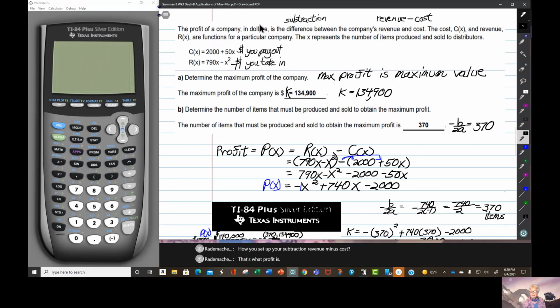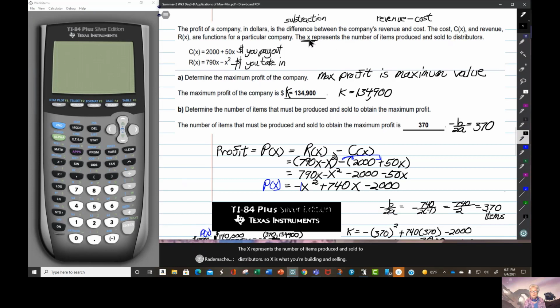The cost, C of X, and the revenue, R of X, are functions for a particular company. The X represents the number of items produced and sold to distributors. So X is what you're building and selling.